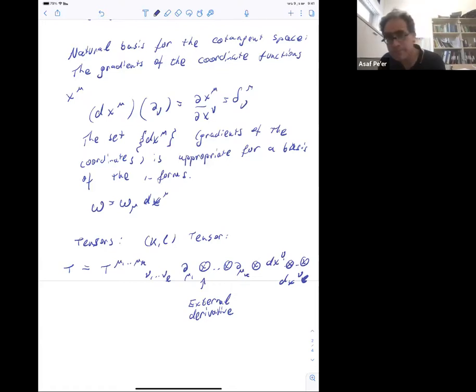Outer product or tensor product, sometimes called wedge product, is something which is slightly different.